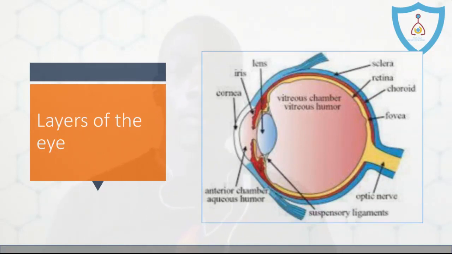And then underneath the fibrous layer, we've got another layer that we call the choroid. The choroid is also called the vascular tunic. This is the colored part of the eyeball, and it contains blood vessels to nourish the eye. It extends from posterior to anterior, and anteriorly it is not complete.